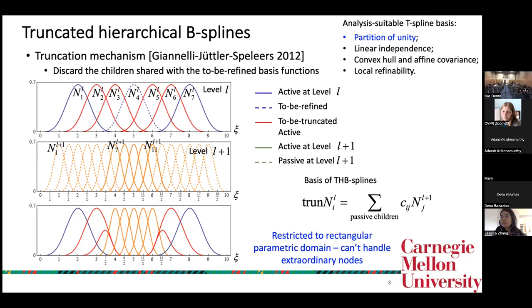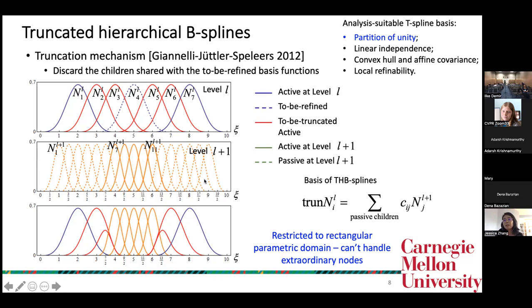So to resolve this issue, you can truncate the neighboring basis functions, N5, N6, the same as N3, N2. Truncation means you remove the children basis functions with duplicated contributions. If you implement this, you can keep the property of partition of unity.